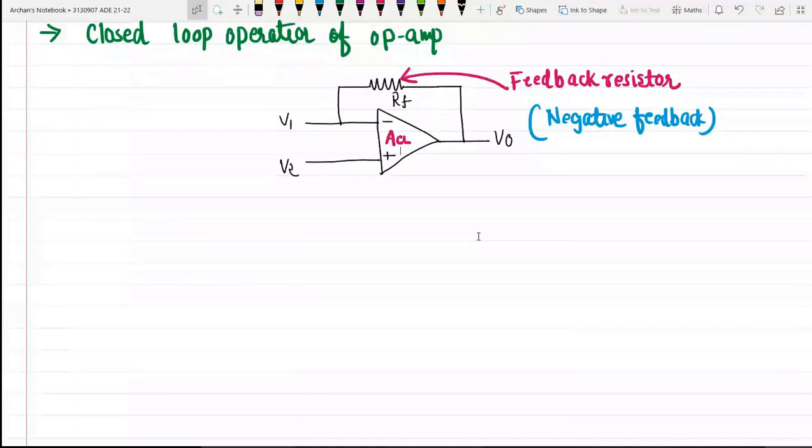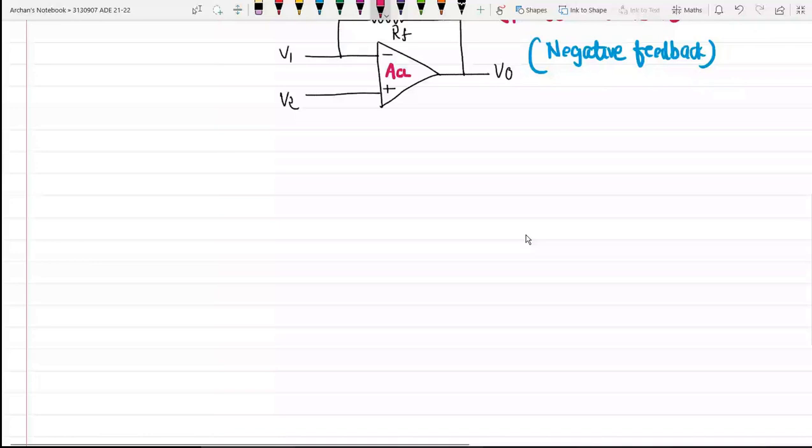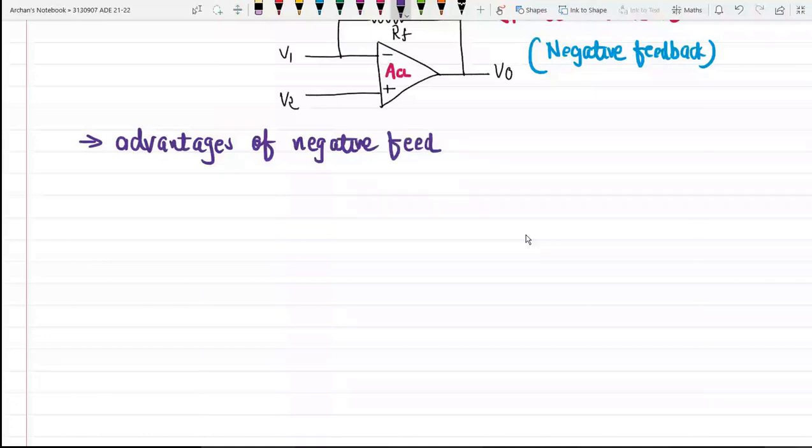Negative feedback has certain advantages, so we will have a look at them. Advantages of negative feedback. The first and foremost advantage is that it reduces the gain and makes it controllable.